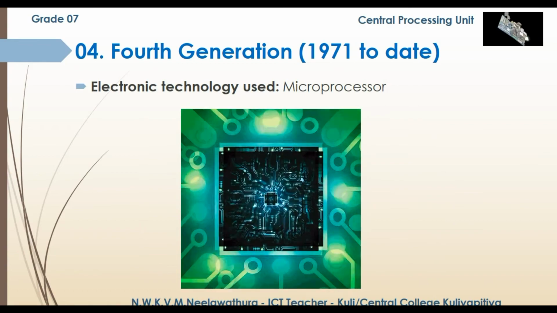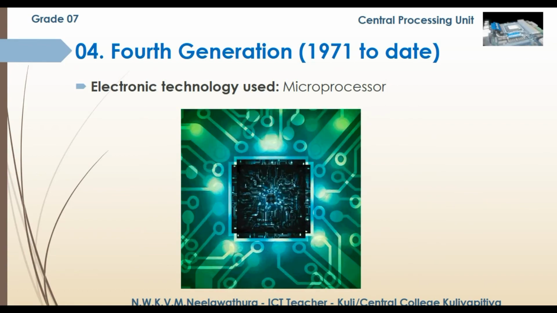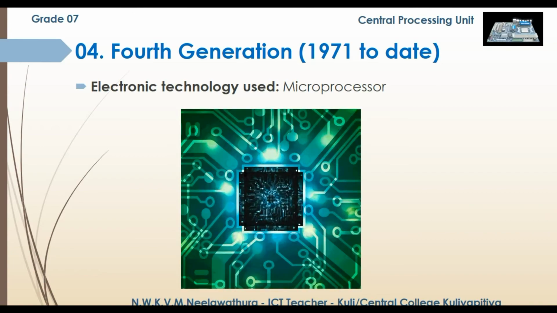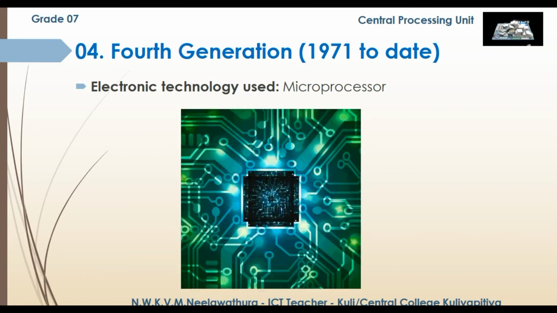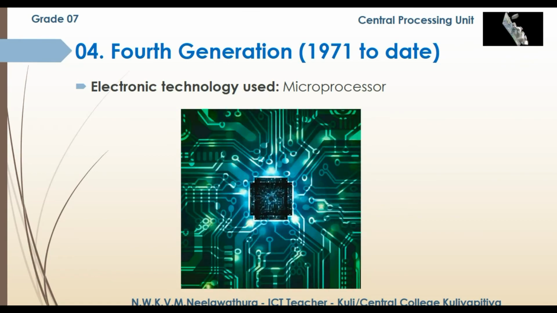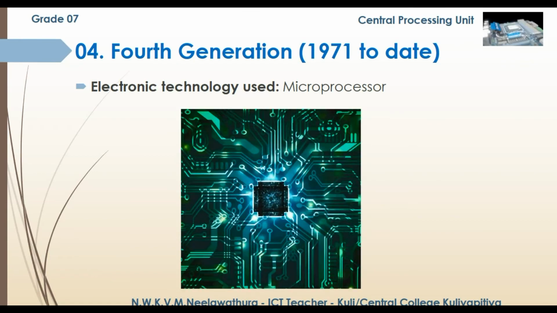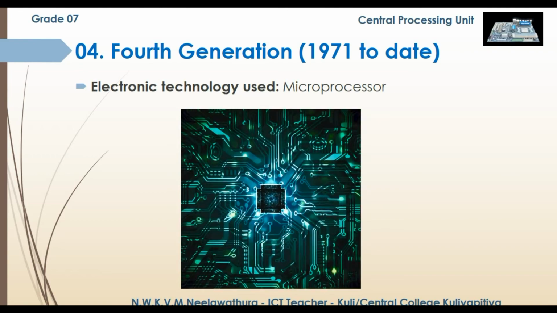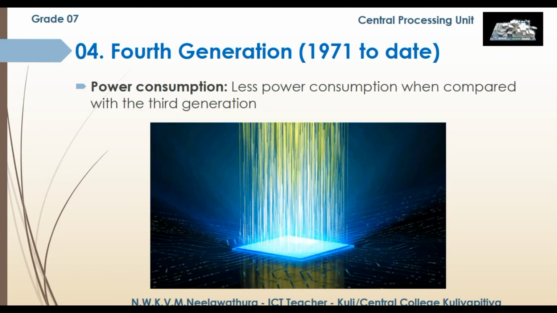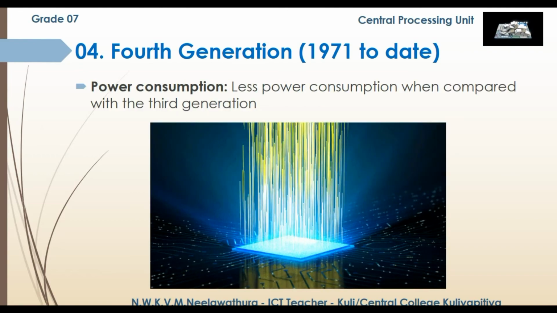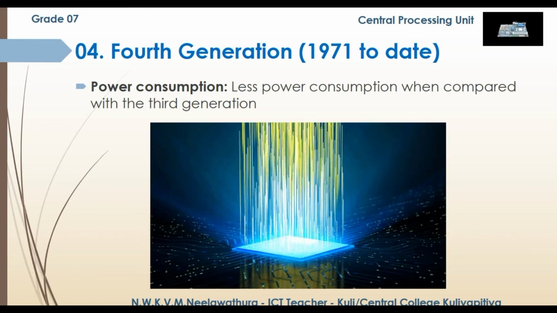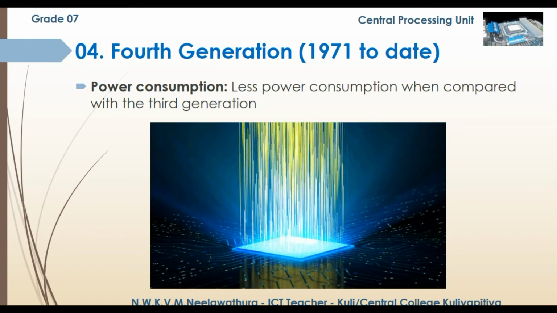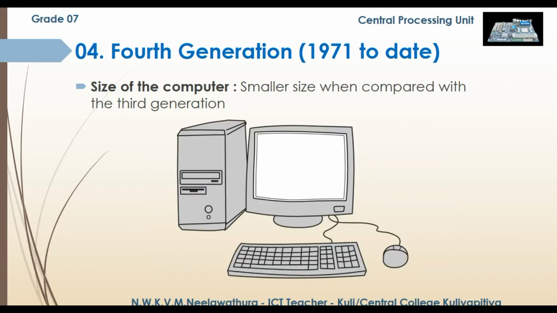Let's go to fourth generation, 1971 to date. The electronic technology used is the microprocessor. Power consumption: less power consumption when compared with the third generation. Size of the computer: smaller size when compared with the third generation.